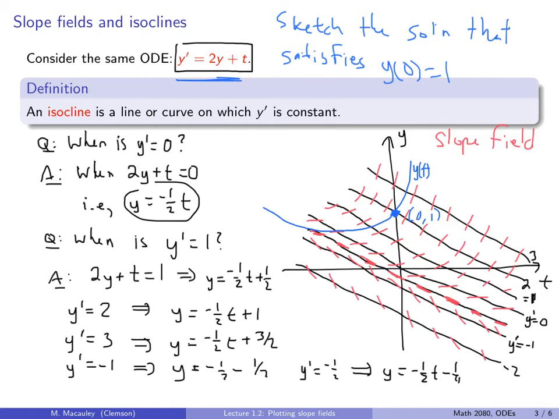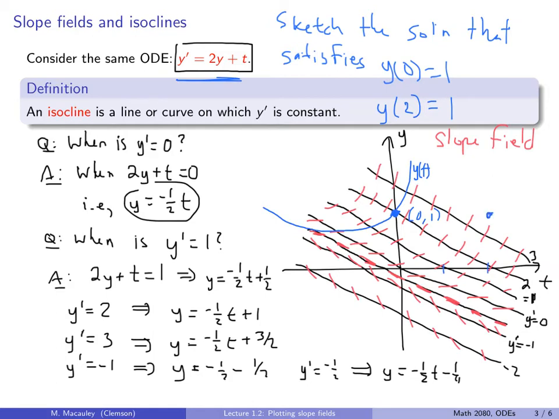Okay, let's do a different one. What if I said y of 2 equals 1? Well, then we go over to the point 2, 1. So that's 1, there's 2, and we go up.